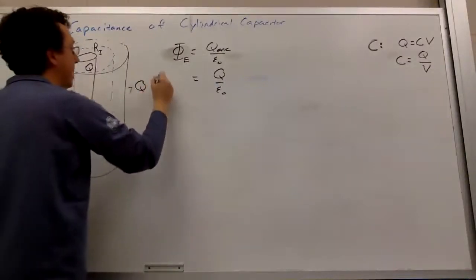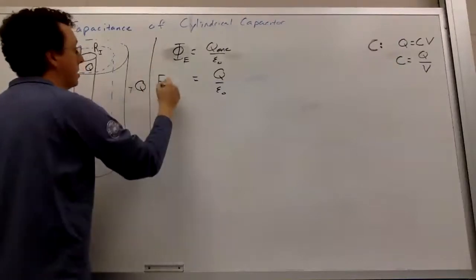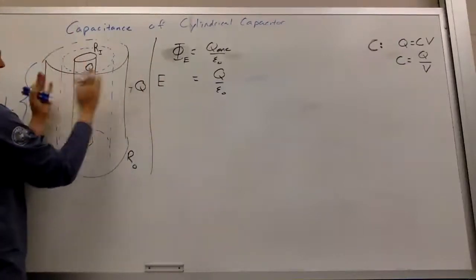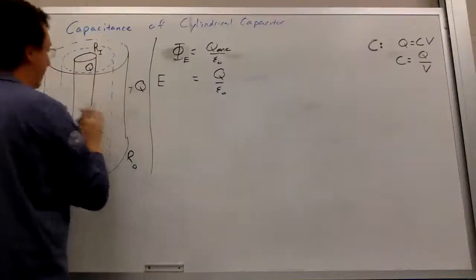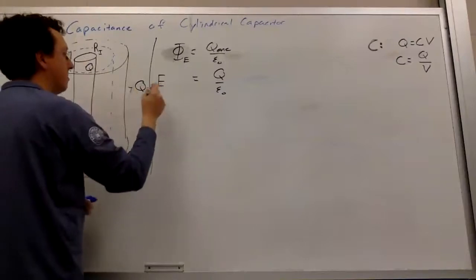So you can write that as the electric field times the area of the walls of the tin can, the soda can.